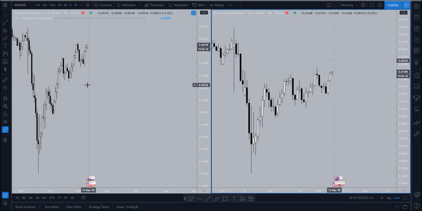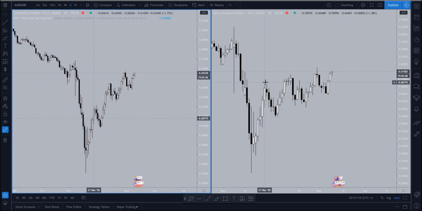I'm not gonna take too much time today. I'm just gonna be quick. I'm looking at these two pairs, the Australian dollar and the New Zealand dollar.